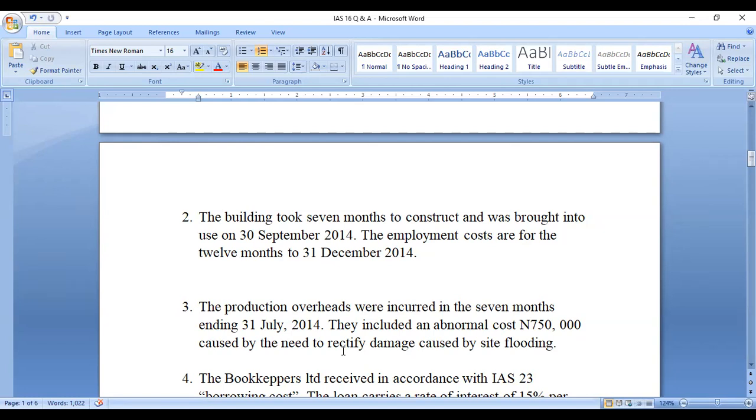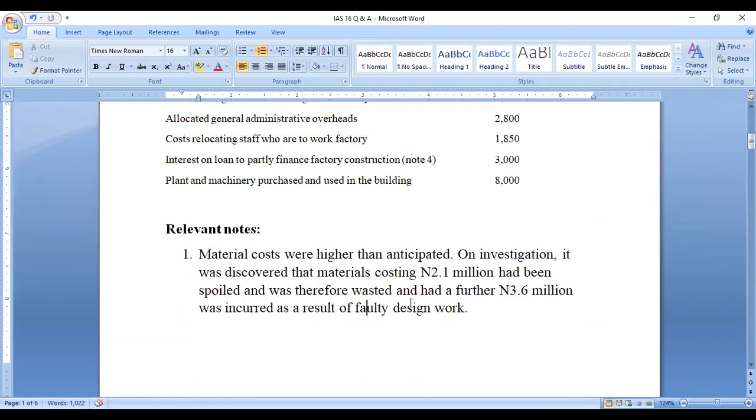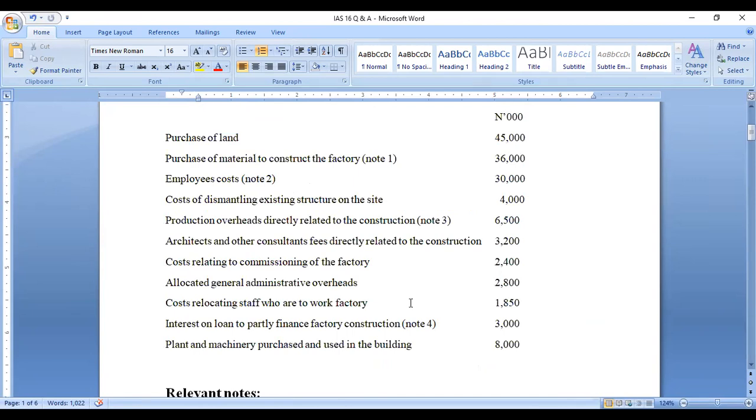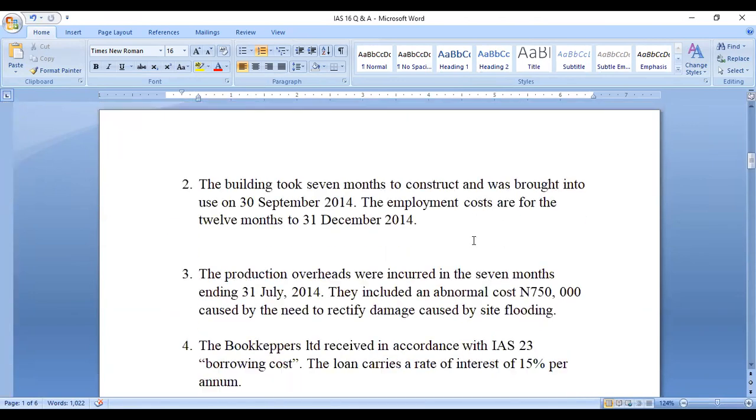Okay. So for production overhead related to construction, this 6.5 million is directly attributable, like we've seen. They said production overhead directly related to the construction, so it has a direct impact on the construction, included as part of the asset. But then we have additional information.